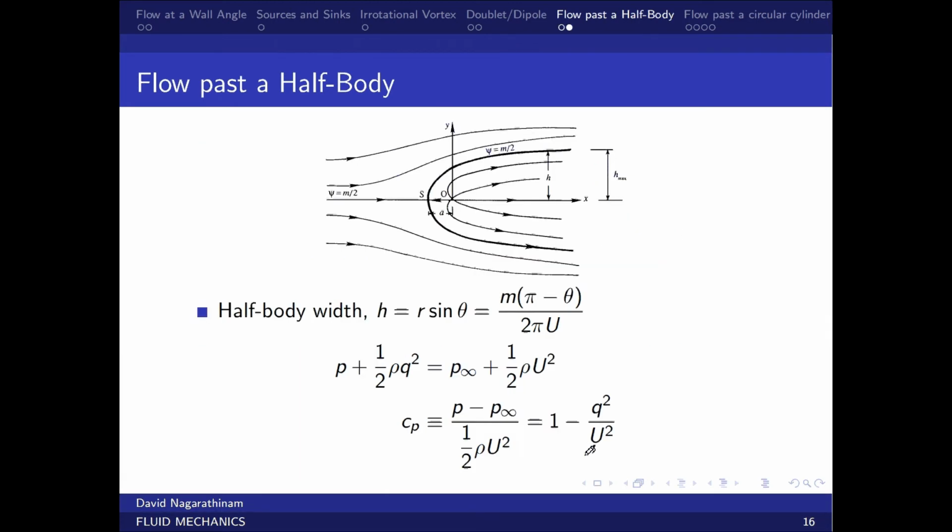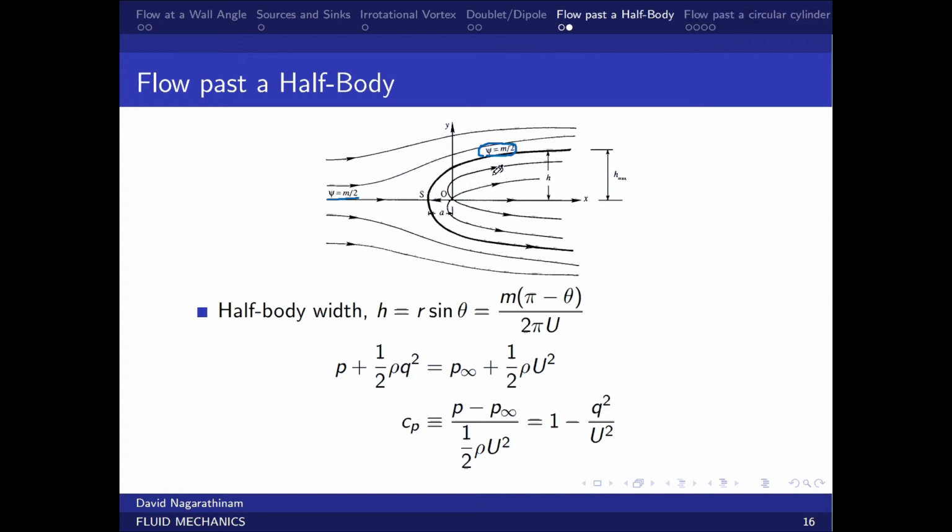Essentially, this is the streamline pattern for the flow past a half body. Psi is equal to m by 2 is the streamline which is far away from the stagnation point. The stagnation point here is represented by S. The dividing streamline is represented by psi is equal to m by 2.